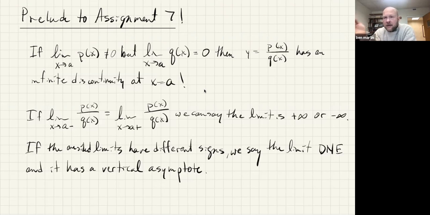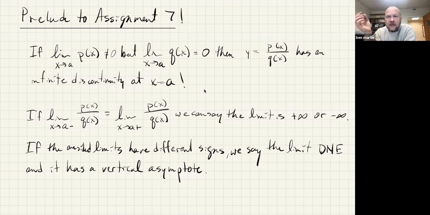If you want to copy and paste it from Desmos, you can get a super nice looking graph, but really just sketching a quick graph and saying, hey, look, it went to infinity on the left side or the right side is enough. If the two limits are going the same direction, if they're both going to plus infinity or both going to minus infinity, then you can say that your limit is plus infinity or minus infinity, whatever it's going to.